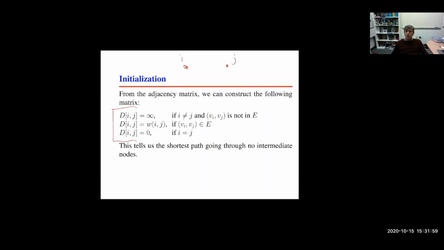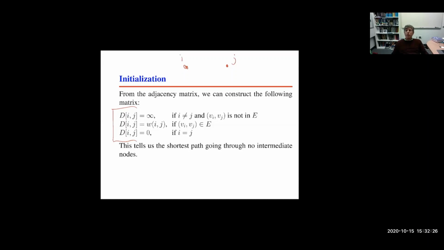This is a simple question, to the point of being dumb. If I give you a weighted graph and I want to know the length of the shortest path from I to J that doesn't go through any intermediate vertices, what is the length of it? The edge between them.